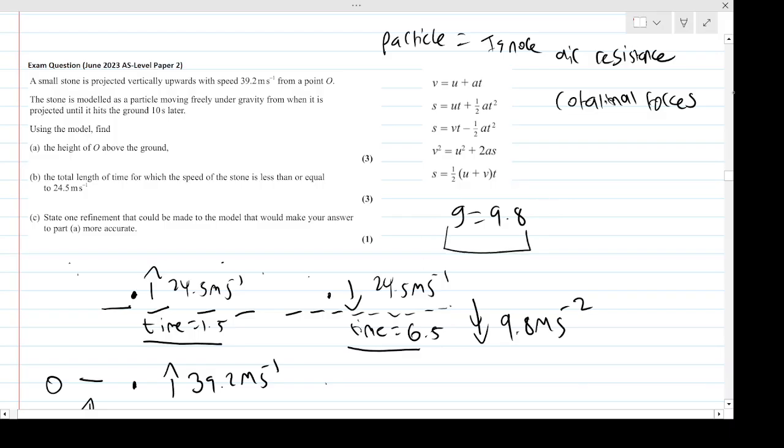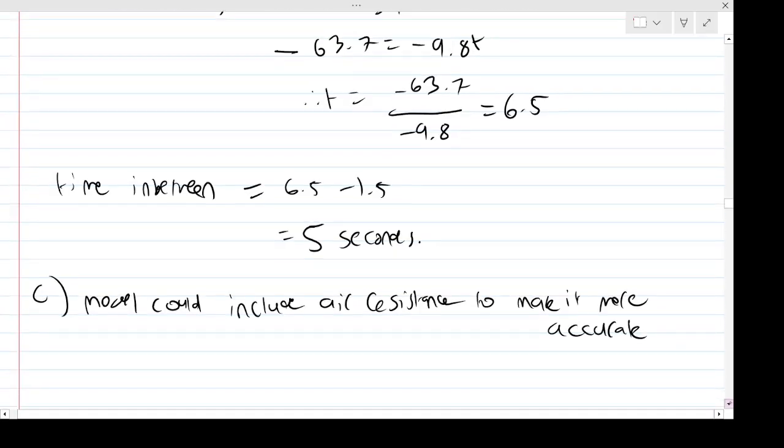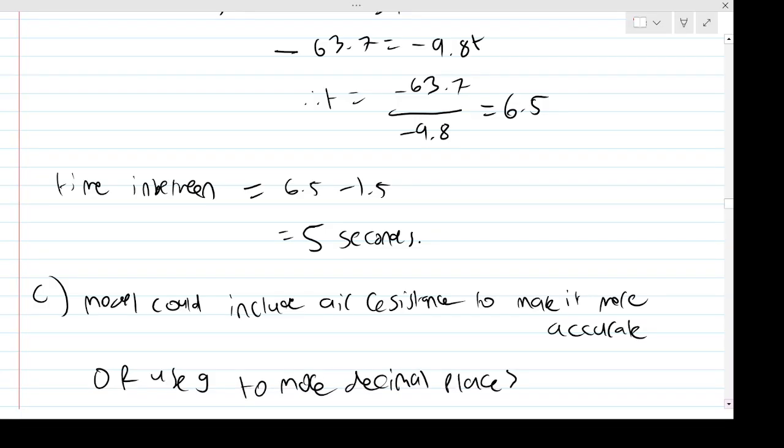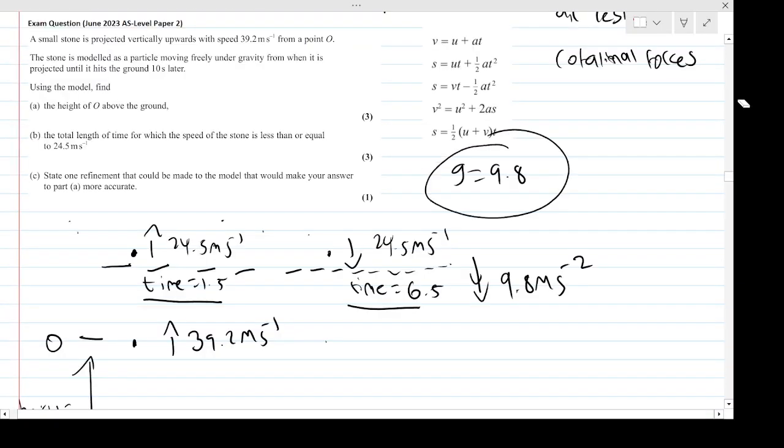That means the answer isn't going to be as accurate as it can be, because there's a rounding error, which makes the answer less accurate. So the other answer is use g to more decimal places. Because obviously we use it to one decimal place here, but actually there are loads of decimal places. So you could make the answer a bit more accurate by just making g not rounded. And so there we are.